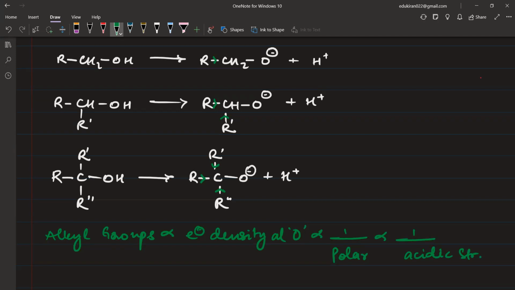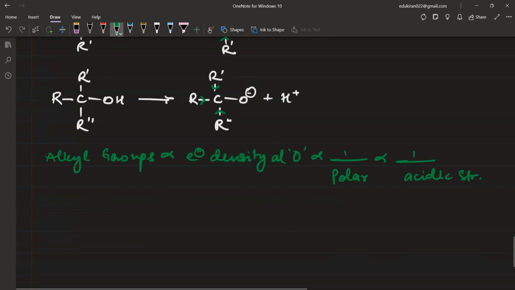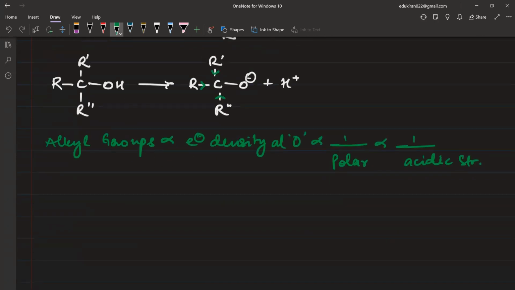That means if the alkyl groups are increasing, if you have 3-degree carbon atoms, then it is decreasing the acidic strength. Okay. This is first criteria, polarity के हिसाब से. Then again, alkyl groups directly proportional to electron density at alkoxide.